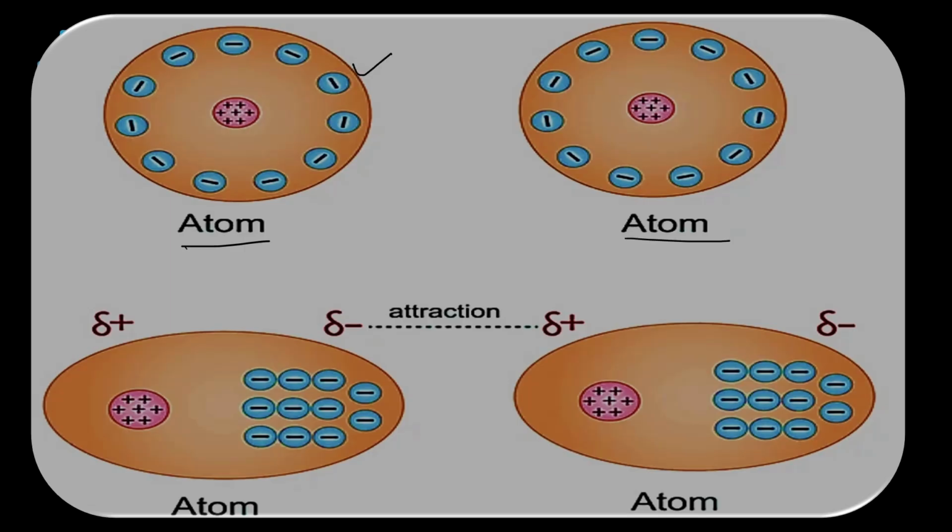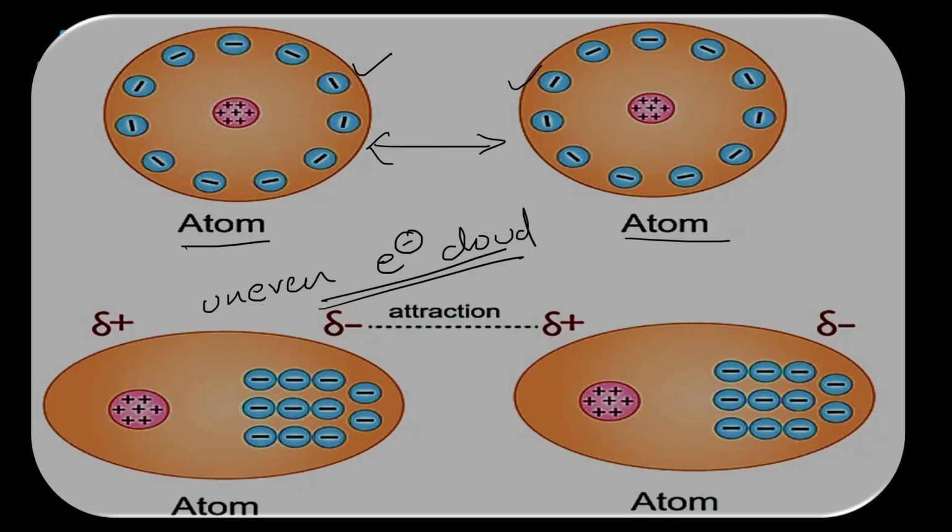The electronic distribution has been shown over here. But as they approach near to each other from different molecules, we are able to see that there is an uneven electron cloud distribution which can be seen. So the negative charges has crowded over here, which gives rise to an induced positive charges crowding in another atom.